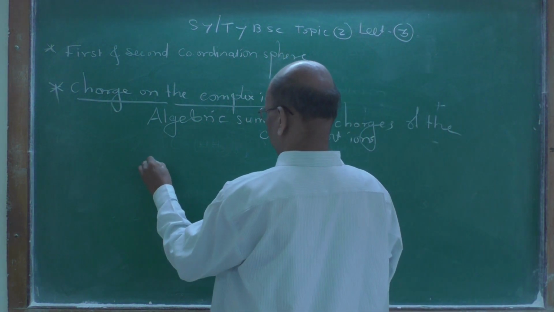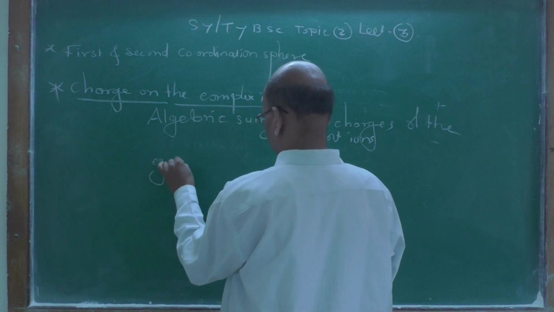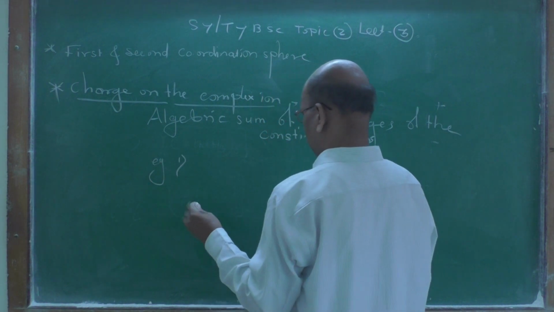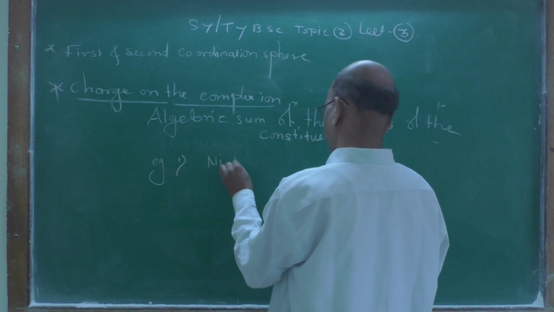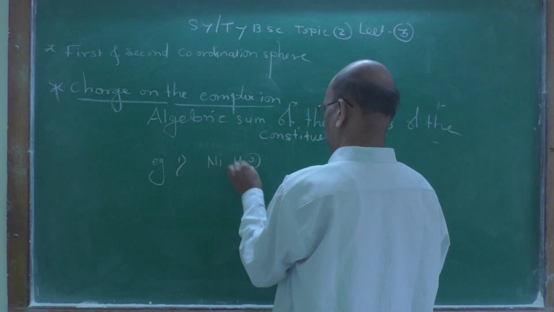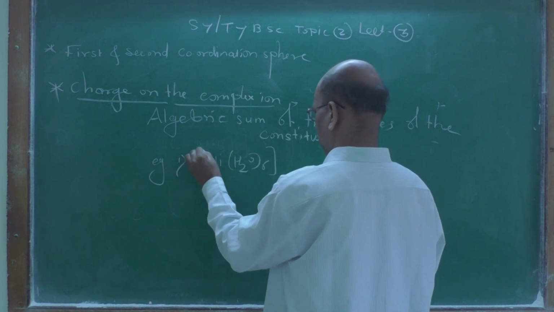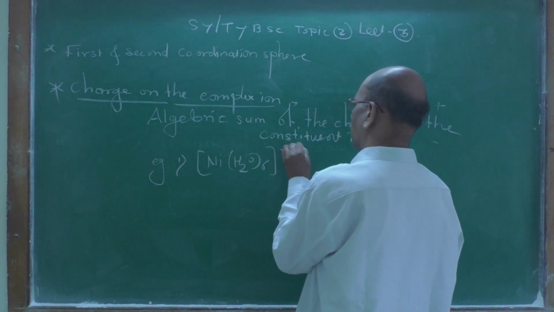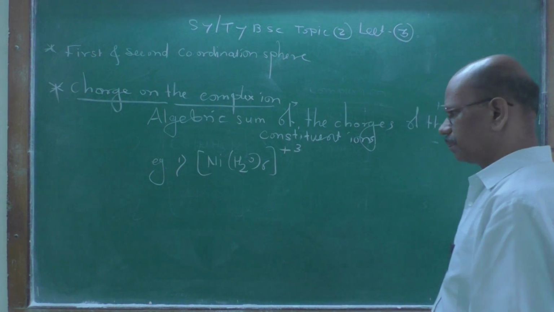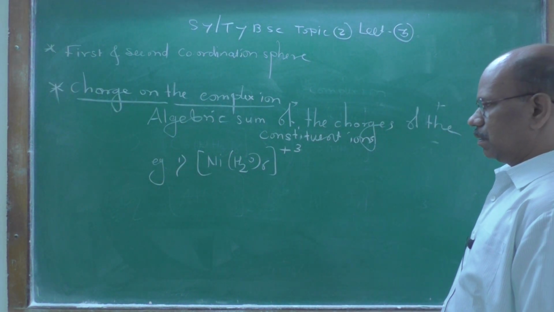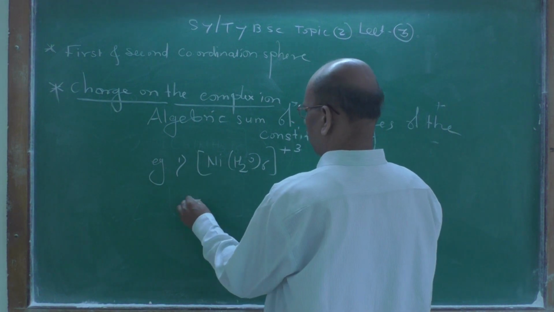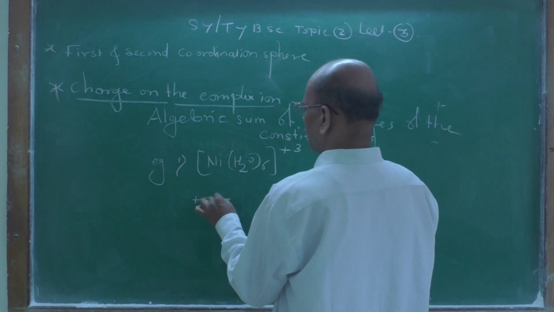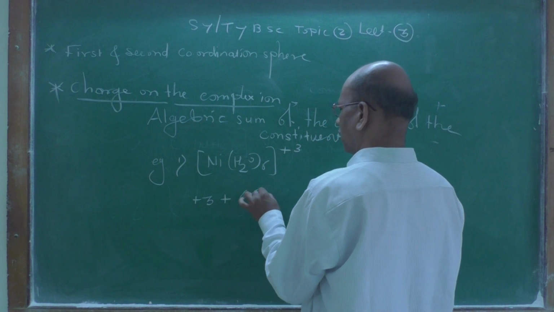I can again give an example here. If we consider the complex ion [Ni(H2O)6] having +3 charge, here the oxidation state of nickel will be +3, and 6 water molecules are there.